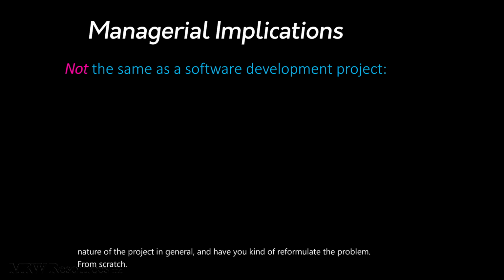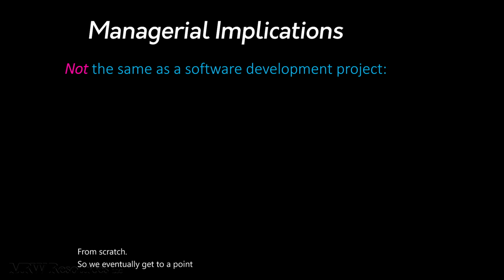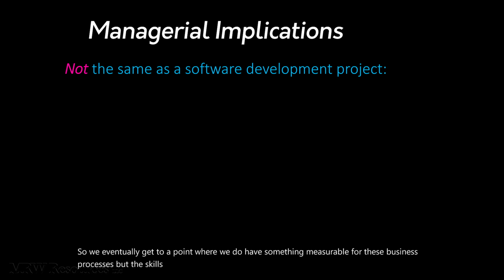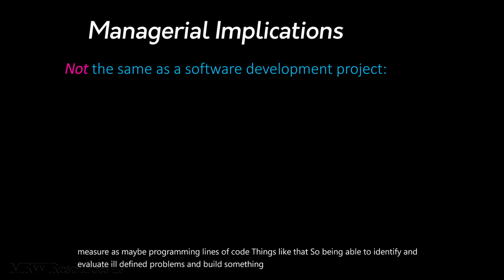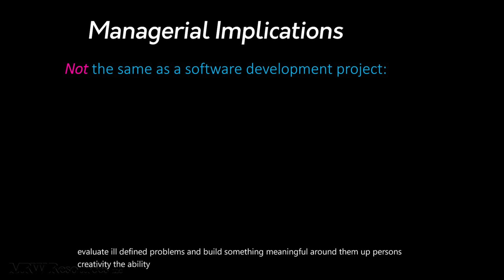So we eventually get to a point where we do have something measurable for these business processes, but the skills required in data exploration and data analytics are not as easy to measure as maybe programming, lines of code, things like that. So being able to identify and evaluate ill-defined problems and build something meaningful around them, a person's creativity, the ability to quickly develop reasonable assumptions, develop quick prototypes.